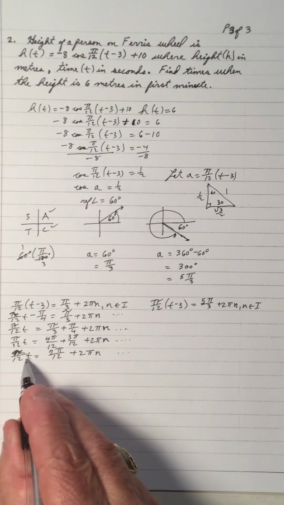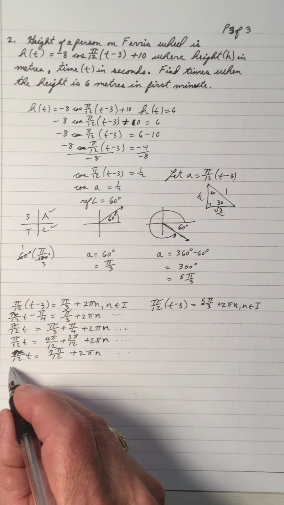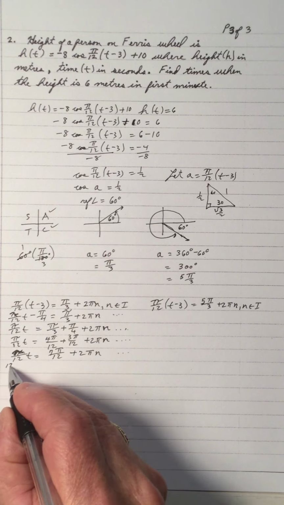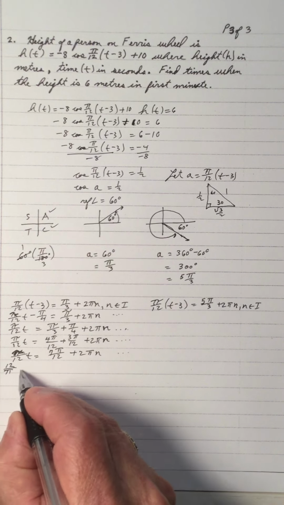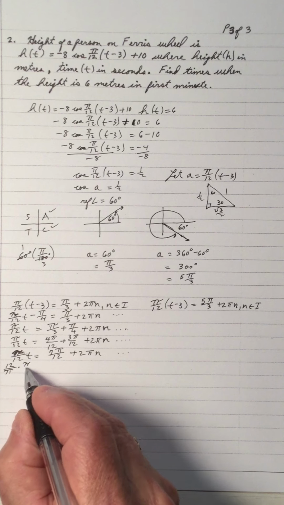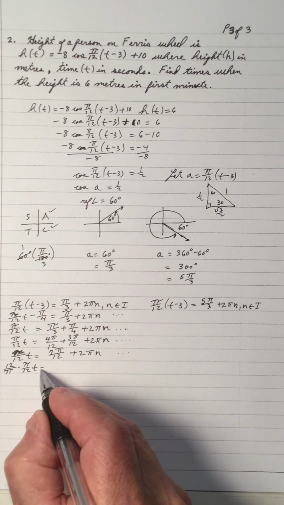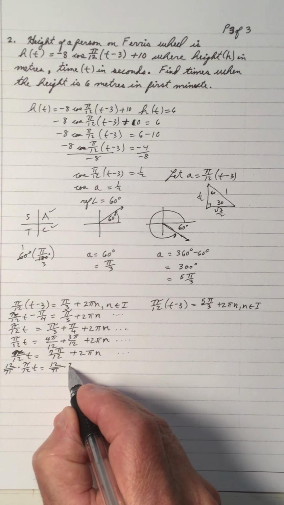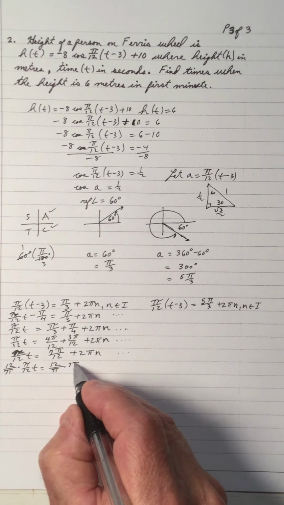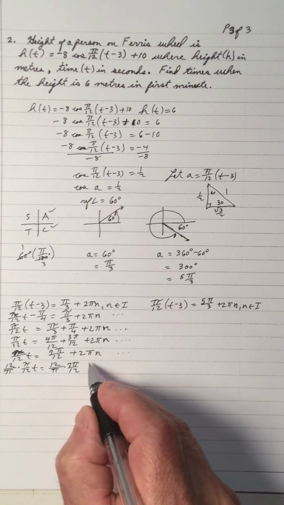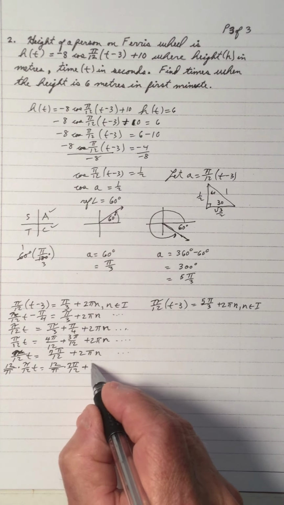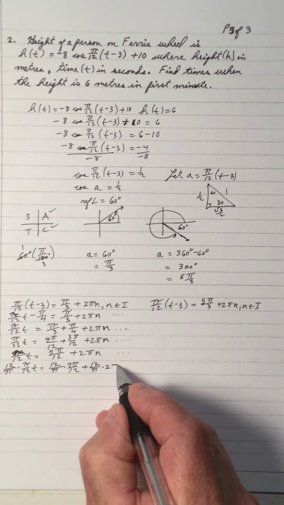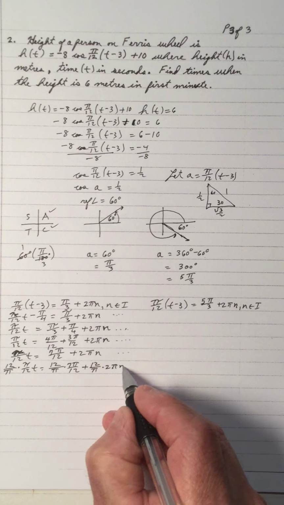Now, again, I want a 1t, so I'm going to multiply all terms by the reciprocal. 12 over pi times pi over 12 t, 12 over pi times 7 pi over 12, and 12 over pi times 2 pi n.